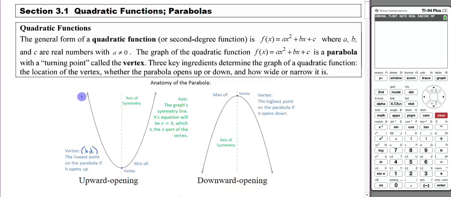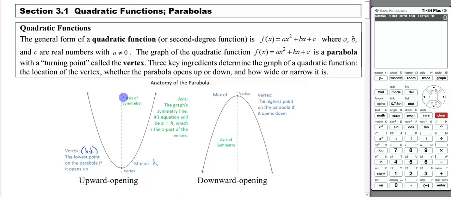You'll notice since this parabola opens up and goes up forever, it has no highest point, but it does have a lowest point, and that is the vertex. The minimum value, they're talking about the y value, the minimum is k.